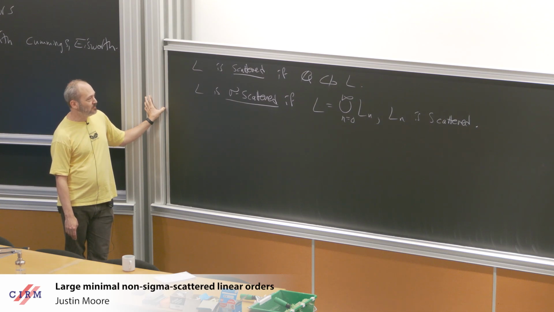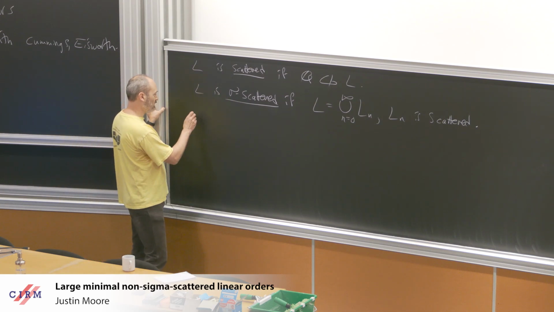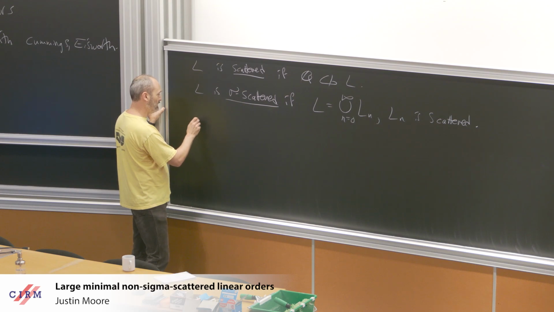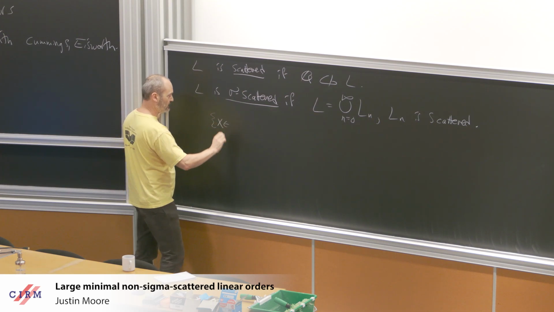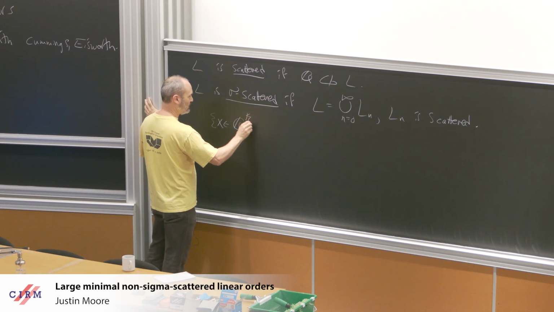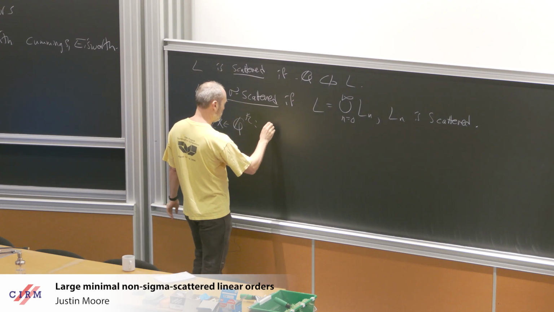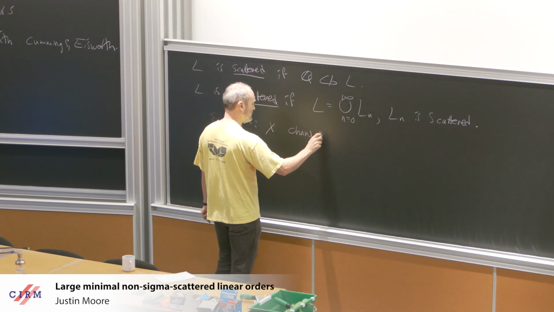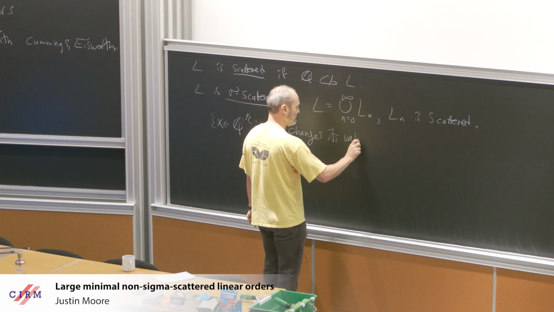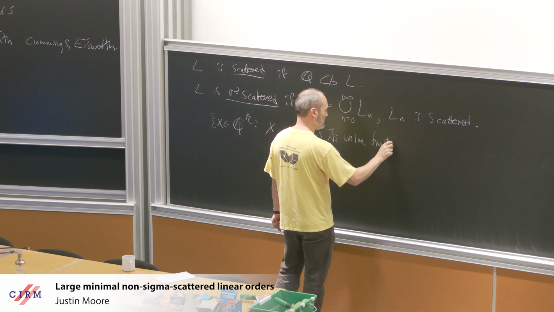A typical example of a sigma scattered order is this: you take the subset of all x in Q^kappa such that x changes its value finitely many times.